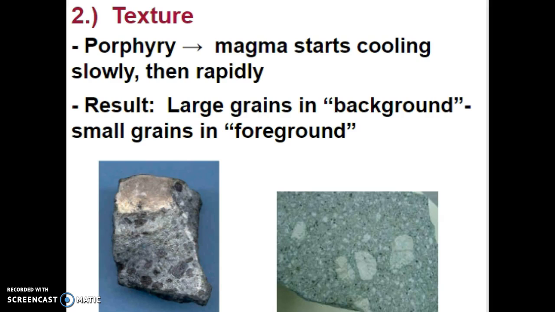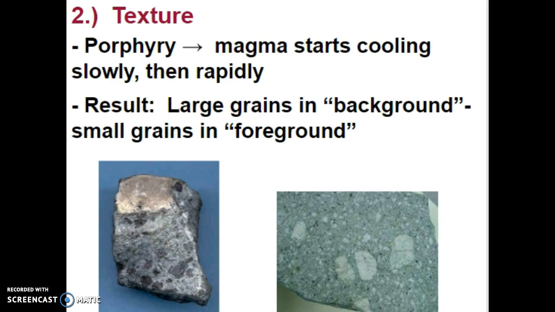In some cases, we can get varying types of texture with igneous rocks. A porphyry is what happens when magma starts cooling underground, and so it cools very slowly, allowing large crystals to form.